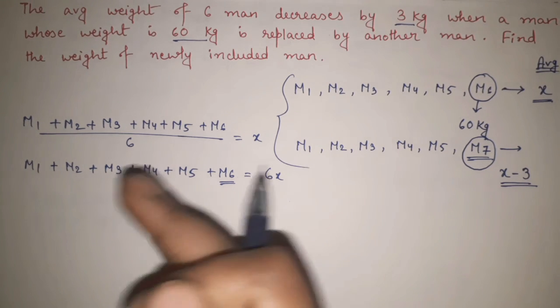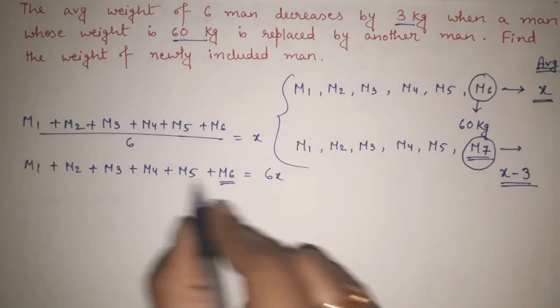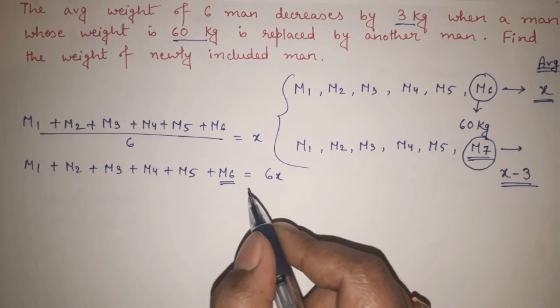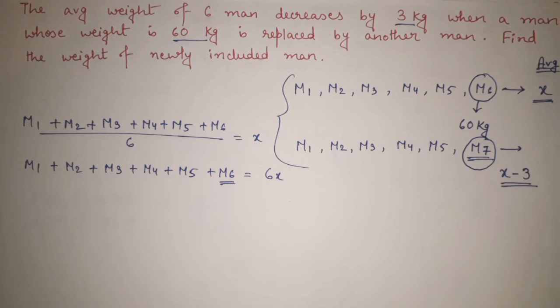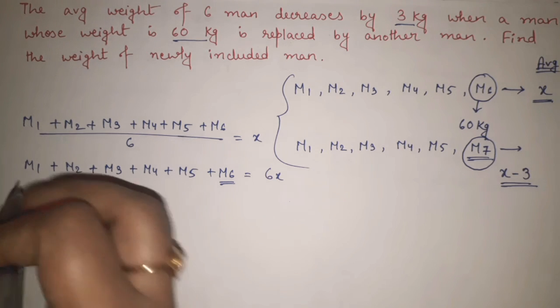Fine, because if 3 kg is decreasing from all the weights, then and only then can it affect the average, and then the average can be decreased by 3. Got it? Fine. So here the average weight is decreasing by 3 kg. That means the weight of all 6 men is decreased by 3 kg.